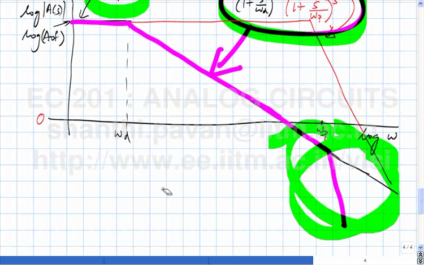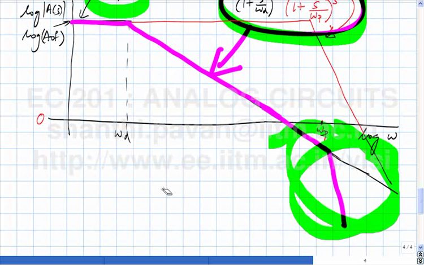A of S times F is much larger than 1, and the critical point where things begin to start failing is around about the region where A of S times F, which is the loop gain, is around about 1. If the frequency is so high that the gain of the forward amplifier becomes much smaller than 1, then you never get the closed loop gain to be equal to 1 over F anyway.